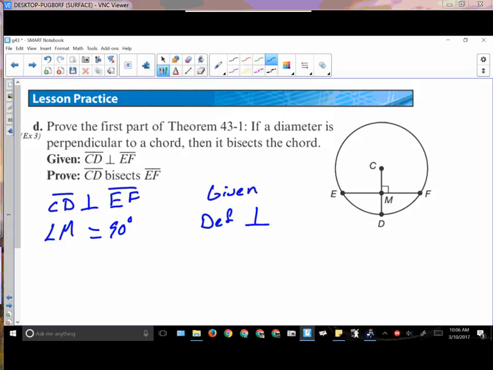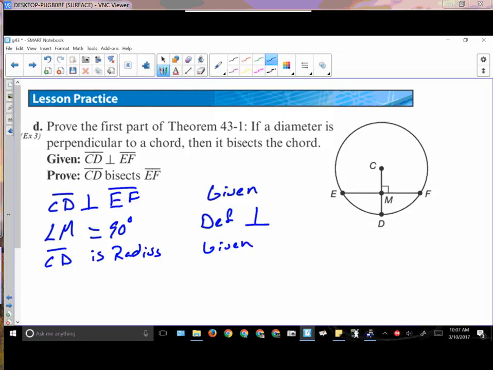So I know that EF is a chord by definition. What is CD? Radius. Okay. So CD is a radius. And that would also be part of the given. Okay.